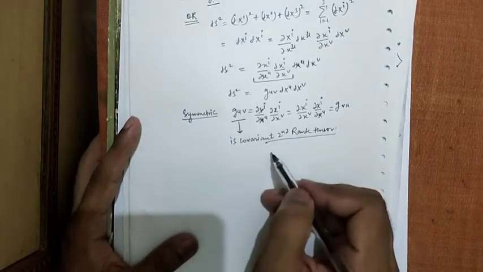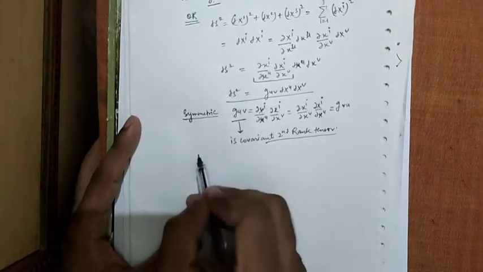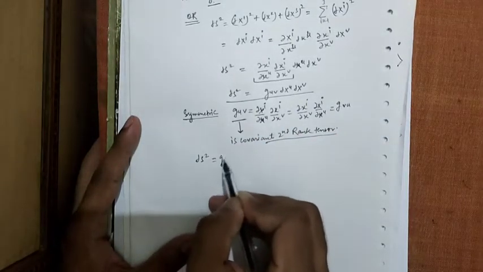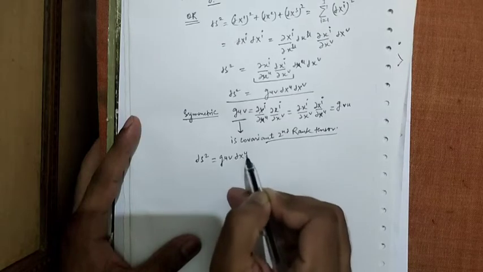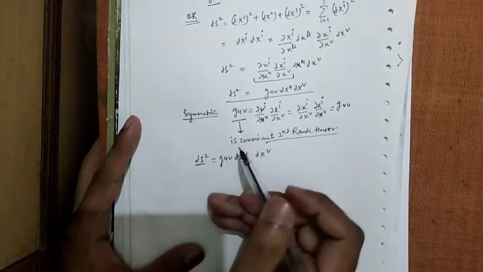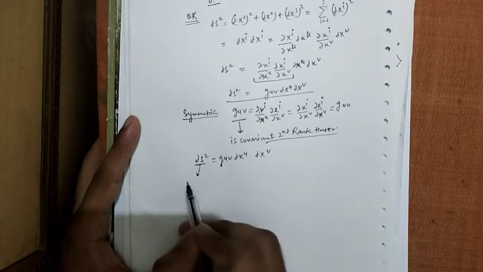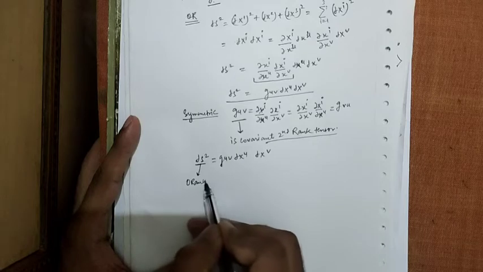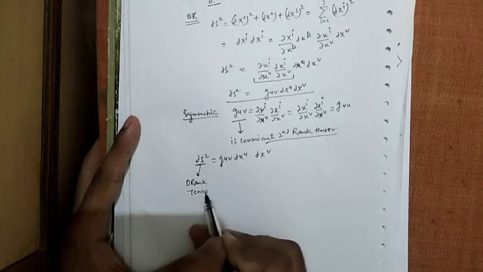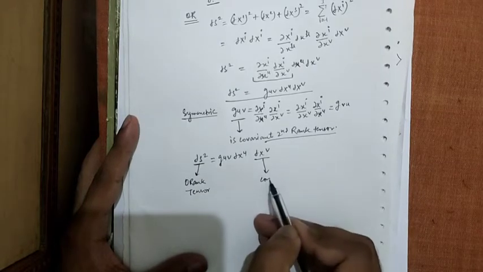Why is this a second rank tensor? Let me rewrite this equation again: ds square equals g_uv dxu dxv. As ds square is independent of coordinates, it is a scalar quantity, meaning a zero rank tensor, and dxv is a contravariant tensor.